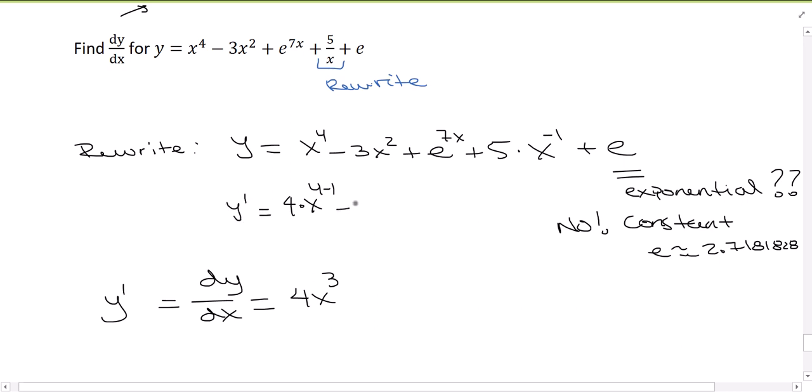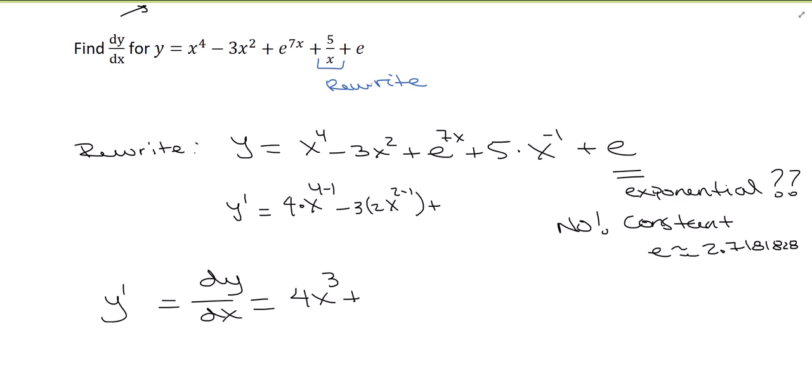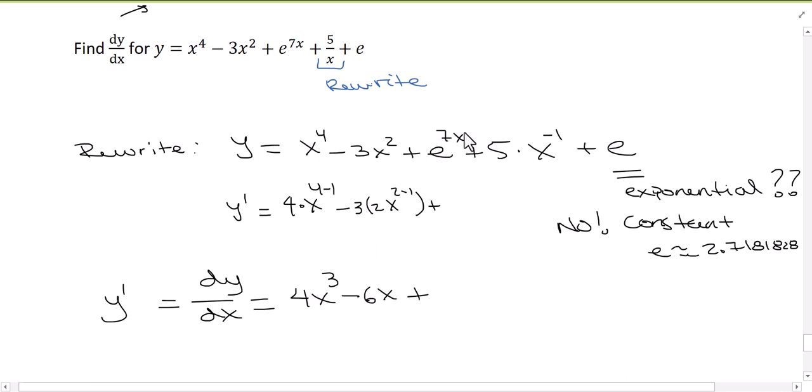And then minus 3 times bring the power down, so 2x to the 2 minus 1. So that will be a minus, not a plus, minus 6x to the first, since 2 minus 1 is 1, plus the derivative of e to the 7x.